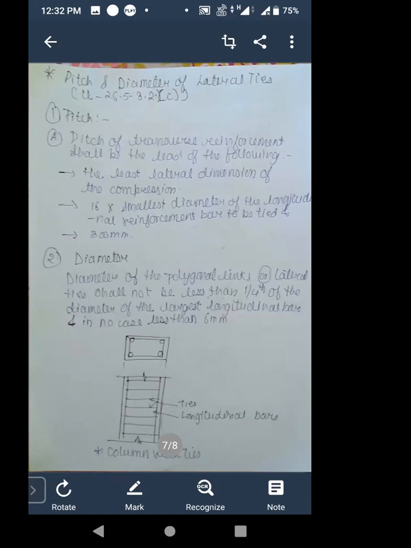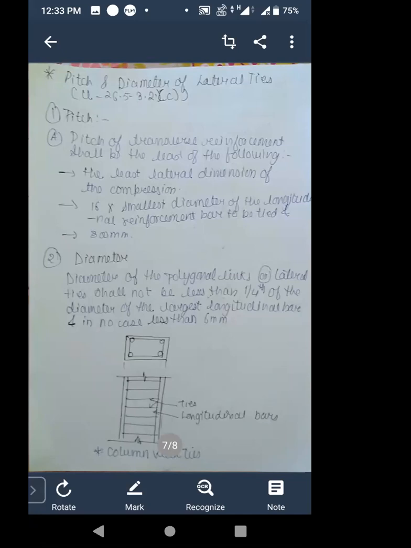The least lateral dimension may be B or D, or it may be 16 times the smallest diameter of the longitudinal bar. If you have provided a 12 mm longitudinal bar, then 16 into 12 will be one of the values, or 300. Whichever is the smallest value in these three calculations will be your pitch of the transverse reinforcement. That is nothing but the spacing between the ties.